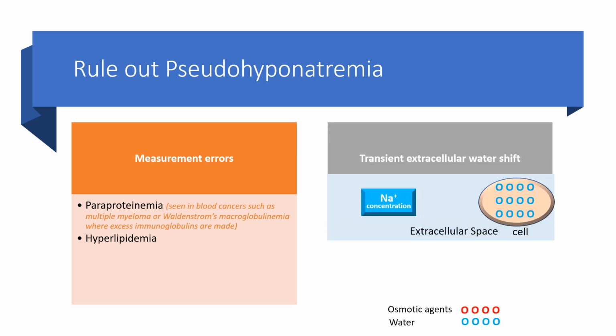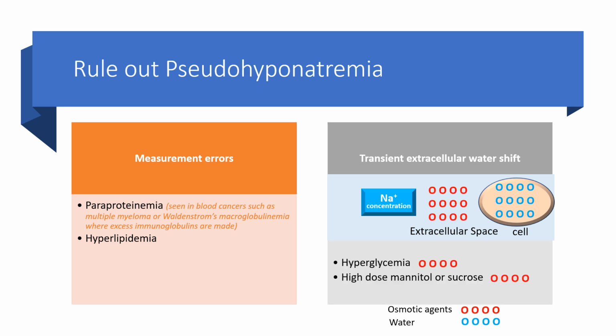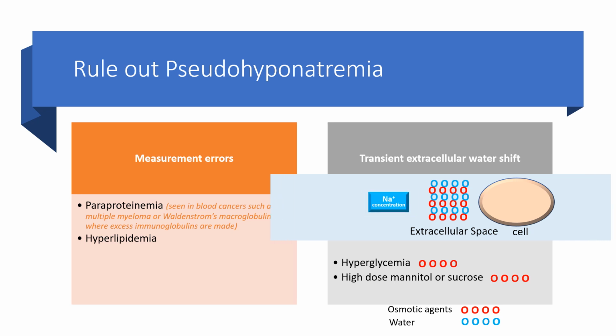Another form of hyponatremia that does not need investigation is when it is associated with transient extracellular water shift. In the presence of hyperosmotic agents in the plasma, such as high blood glucose or high dose of mannitol or sucrose, intracellular water shifts out into the extracellular space, expands the extracellular water volume, thereby lowering plasma sodium concentration.